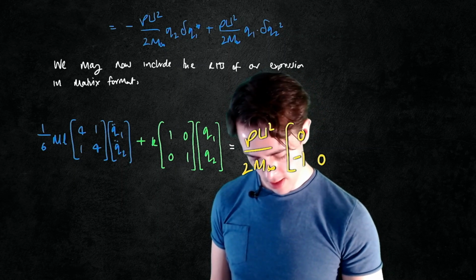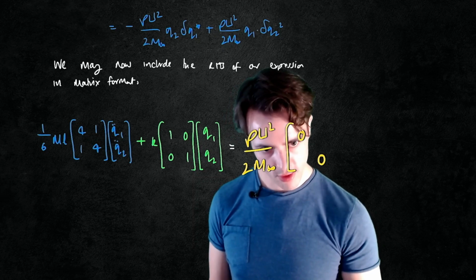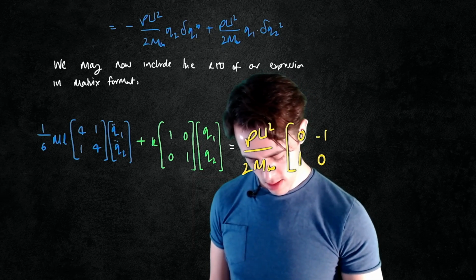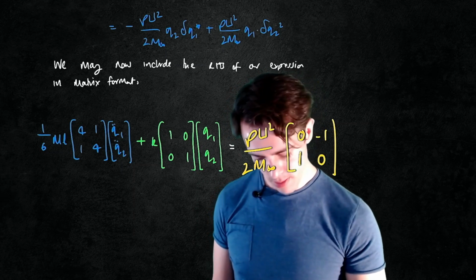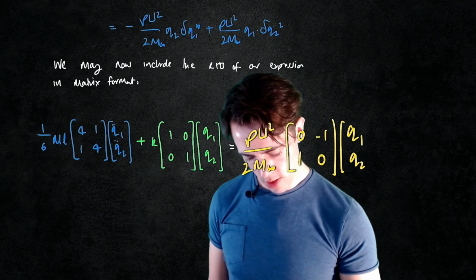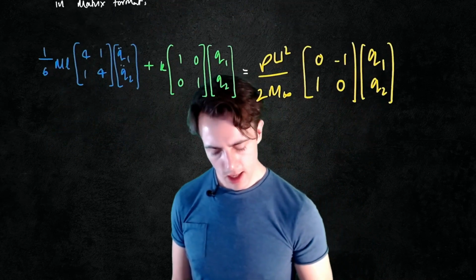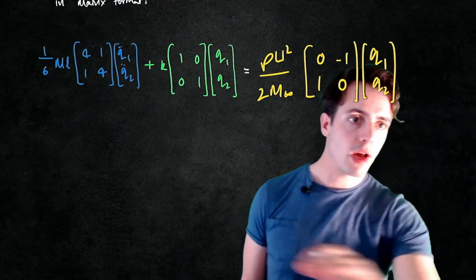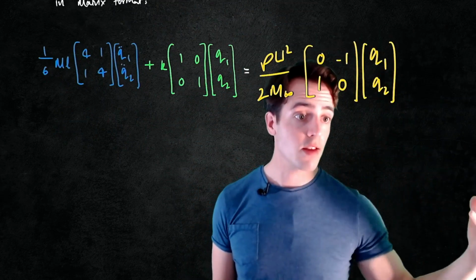And because that displacement can be arbitrary, we just set it to be small, and we end up with Q1, Q2 here. Okay, so this is the total equation that describes the dynamics of this system.